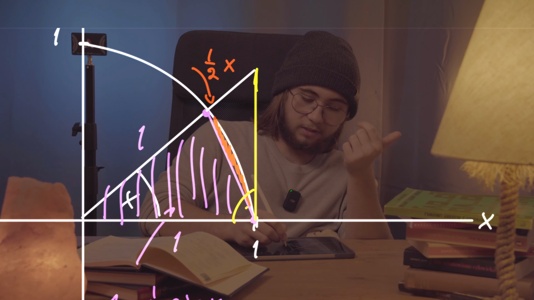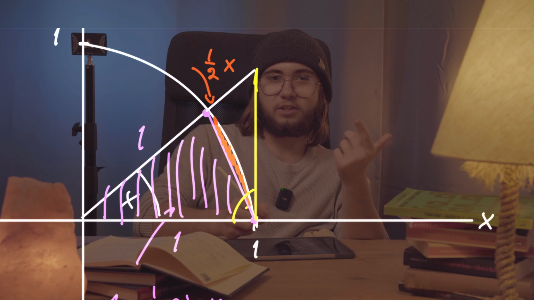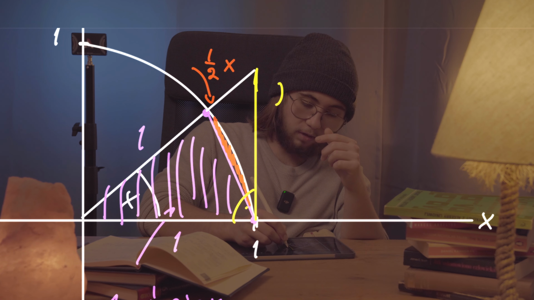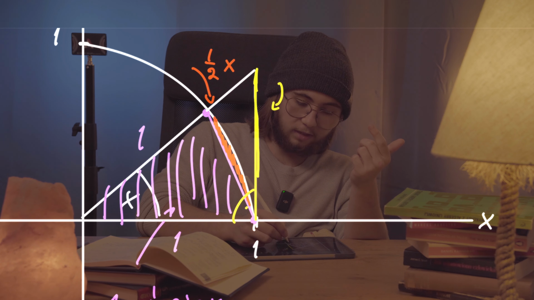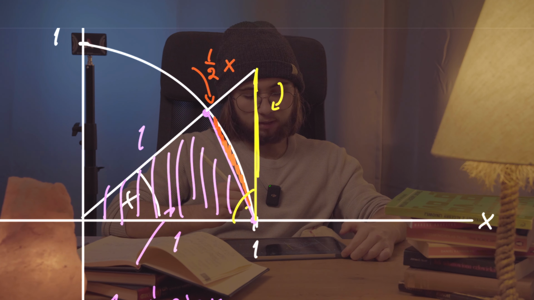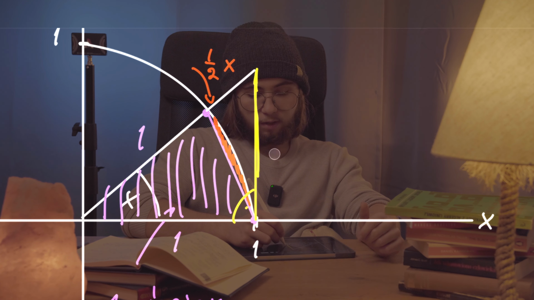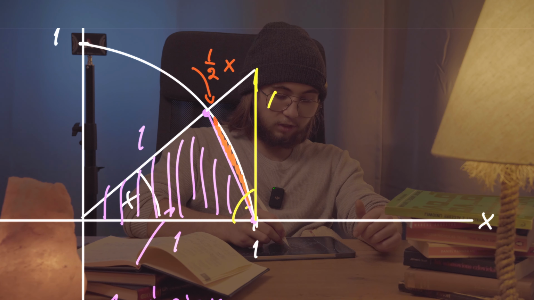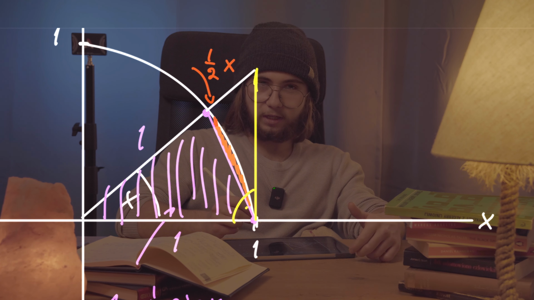So I can just use 1/2 base times height as the area. This is going to be the height, and that's going to be the base. I know the base already. It's just 1, just the radius. But what's going to be the measure of this tangent line, this yellow line segment?